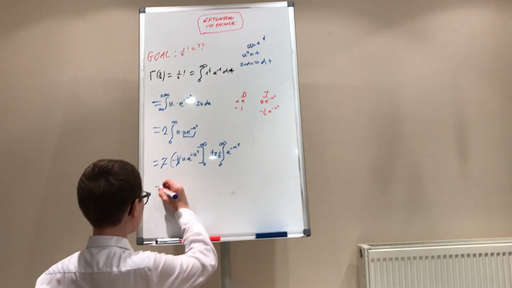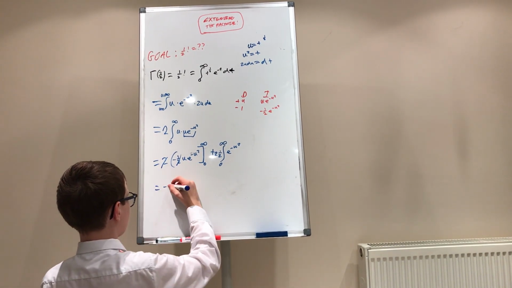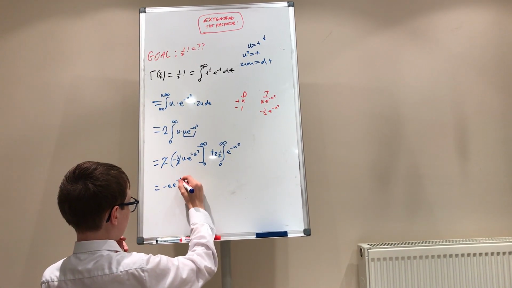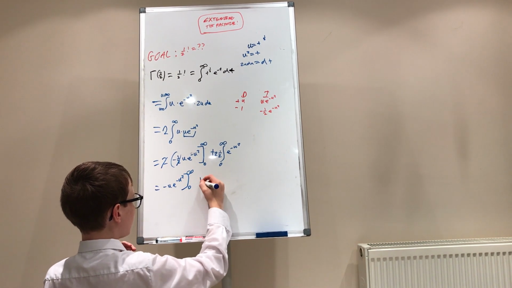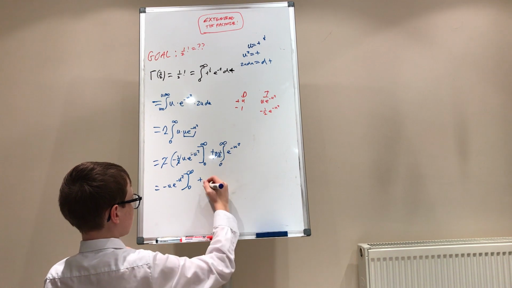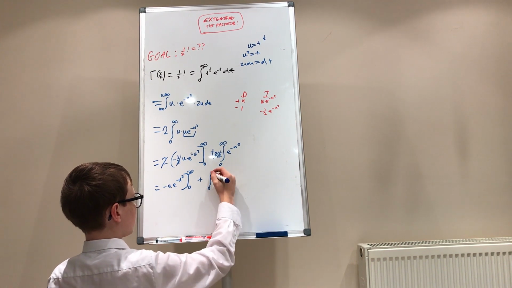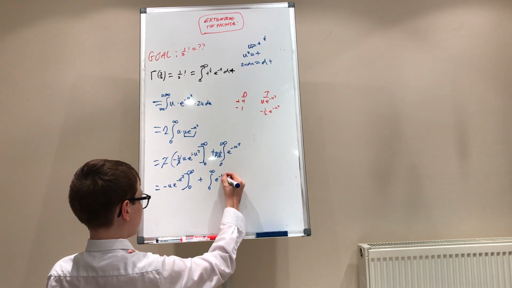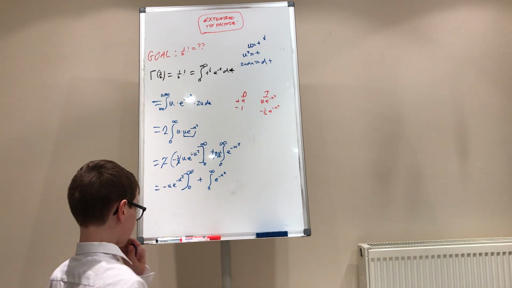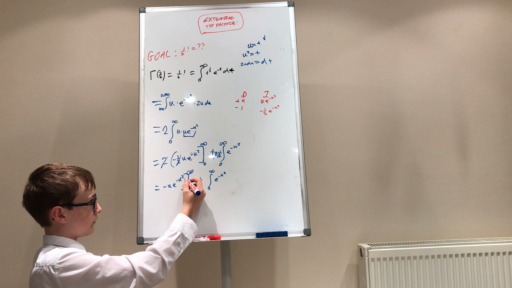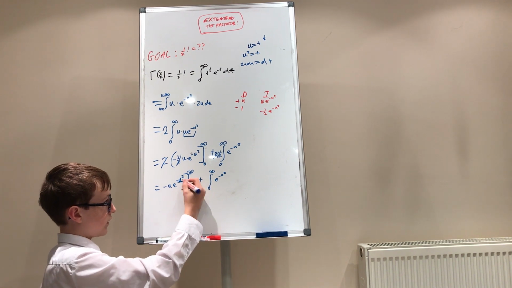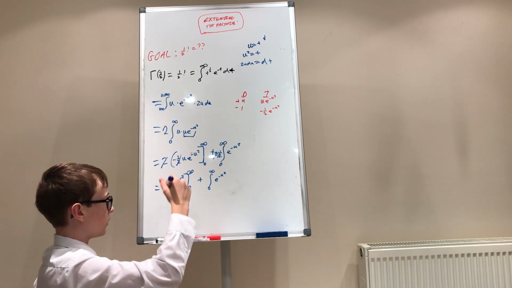So, first of all, let's get rid of this. So this equals, okay, negative u e to the negative u squared evaluated at the bounds 0 and infinity, plus the integral between 0 and infinity of e to the negative u squared. First of all, let's look at this. Well, when we plug in infinity into here, this just goes straight down to 0.